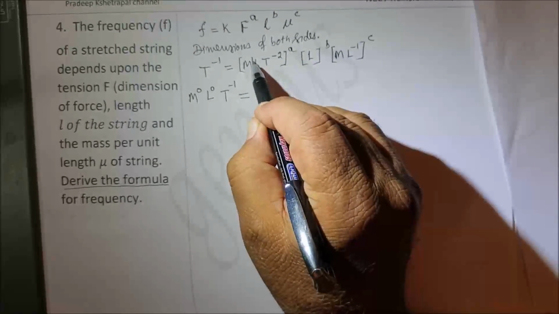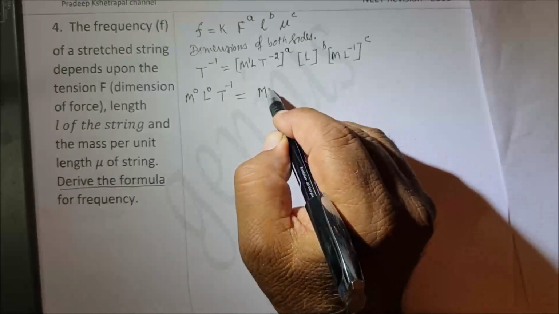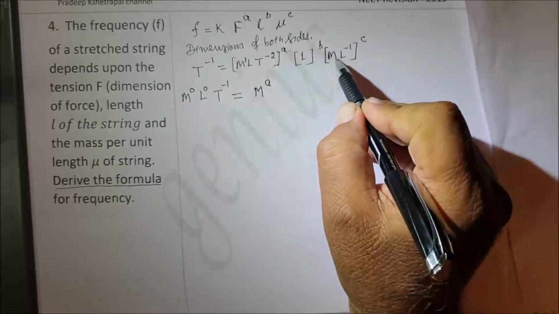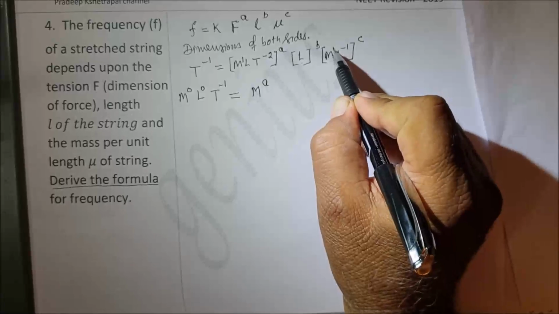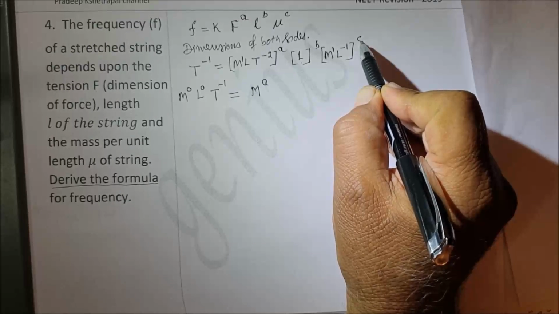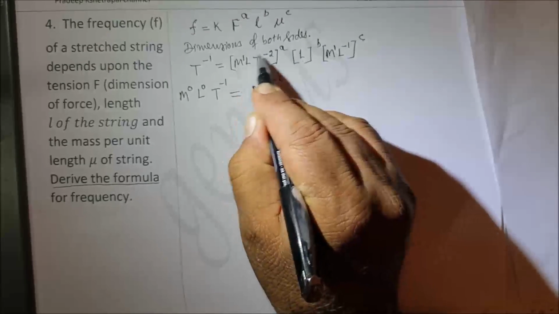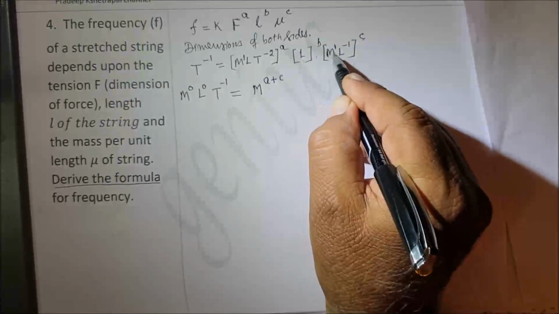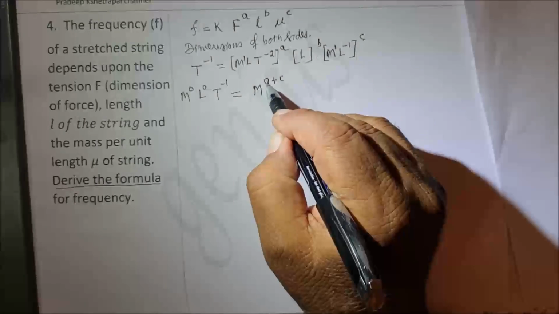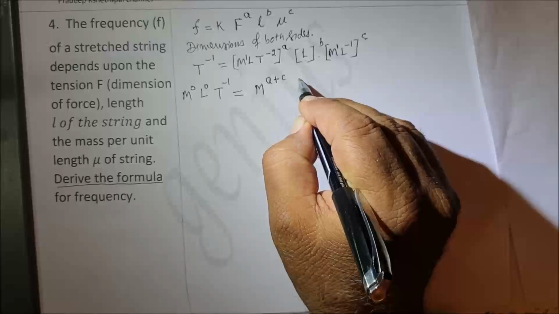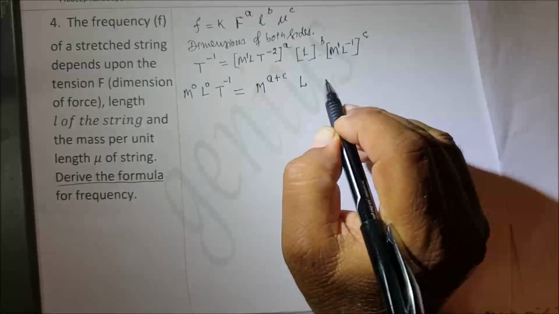Now here M has dimensions 1 into A, that is A. Here there is no mass. Here there is mass 1 multiplied by C, that is C. So we write here plus C. So mass to the power A multiplied by mass to the power C, that is mass to the power A plus C. Now we go for the second quantity, that is length.